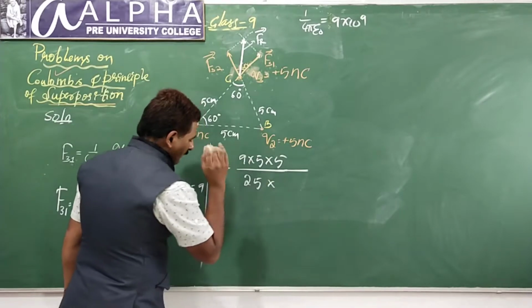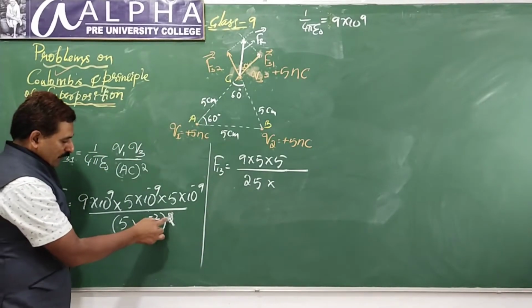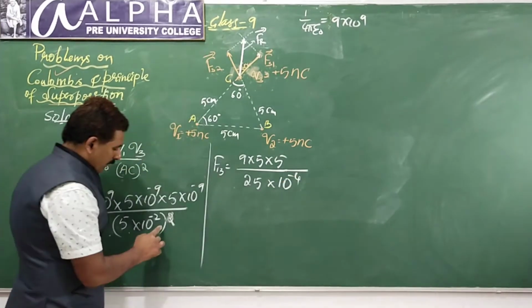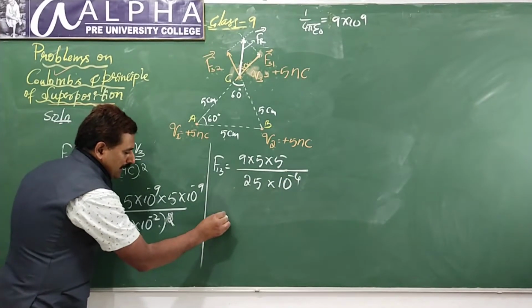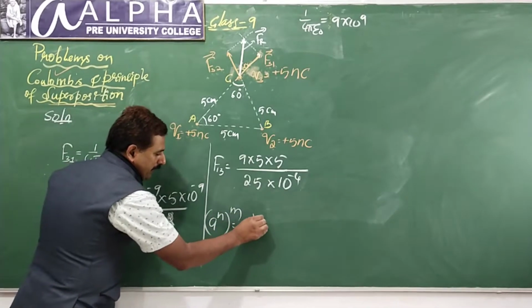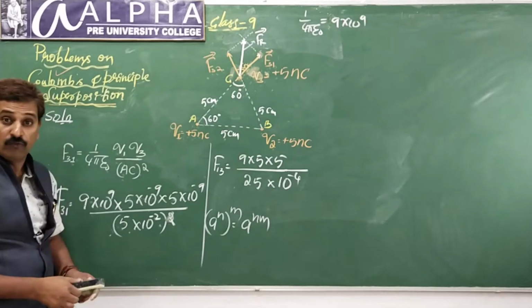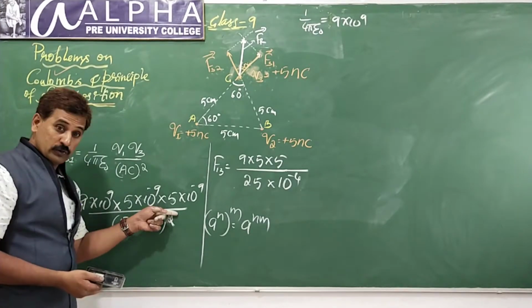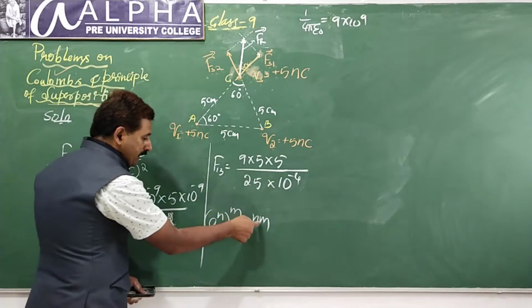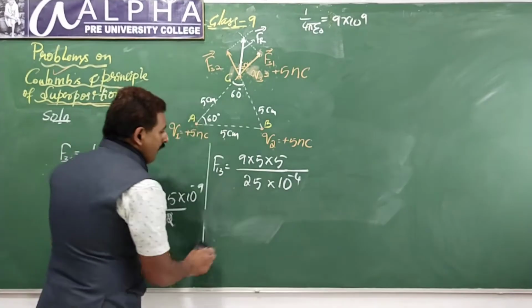Now write the power separately. Power here squared: 2 twos are 4, 10 to the power minus 4. Again you remember, students, a to the power n whole to the power m is a to the power n into m. Sometimes some of you may think this is minus 2 squared. It's not minus 2 squared, it is minus 2 into 2, n into m. That's it. You know. Okay.